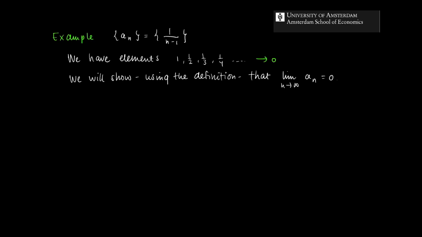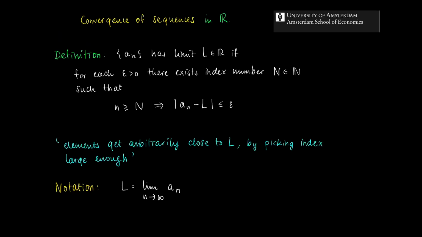So what we need to do is show that for any epsilon, let's return to the definition. We have to show that for each epsilon larger than 0, there exists an index number N in the natural numbers such that for larger index numbers than this capital N, the difference between a_n and L in absolute value is smaller or equal than epsilon.